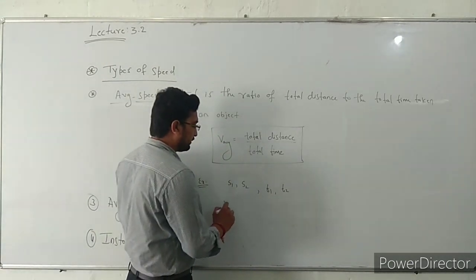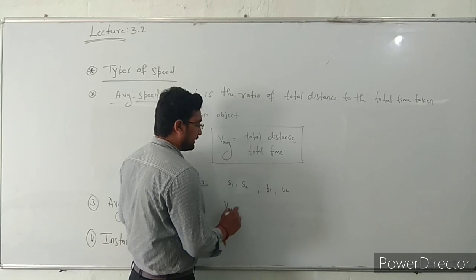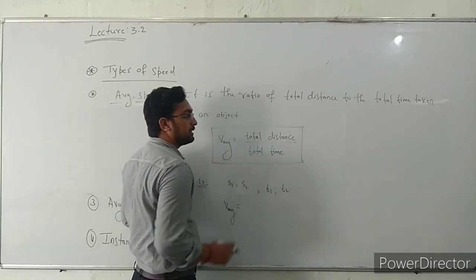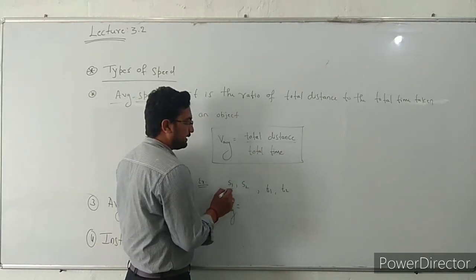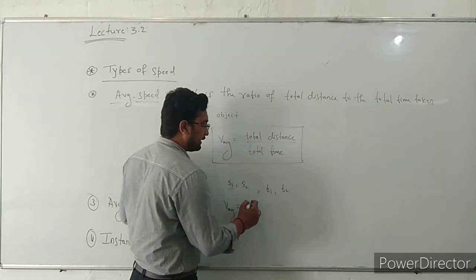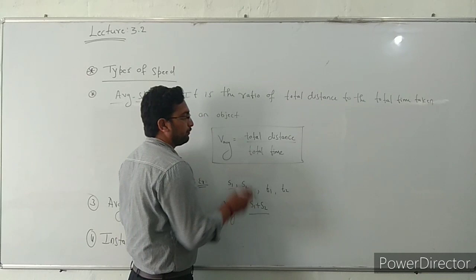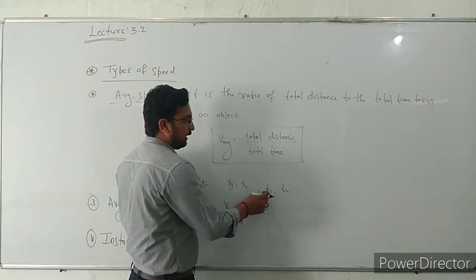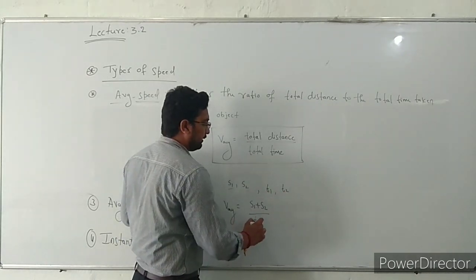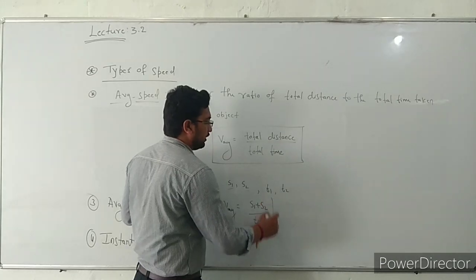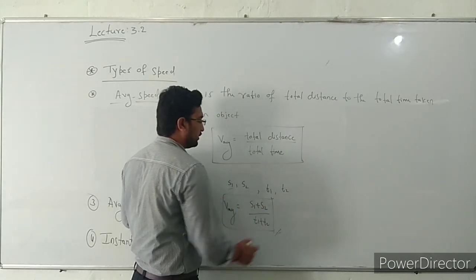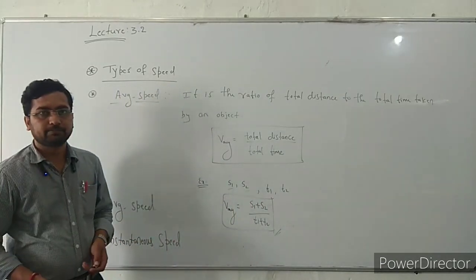Average speed is equal to the total distance, the first distance is S1 and the second distance is S2, so the total distance is S1 plus S2. The total time is T1 plus T2. So this formula we use to find the average speed.